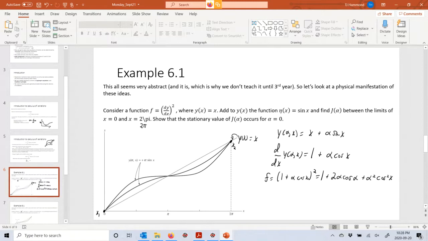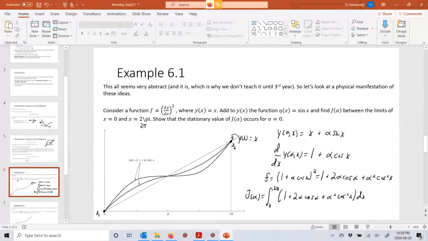So then our functional J of alpha is equal to the integral from 0 to 2 pi of 1 plus 2 alpha cos x plus alpha squared cos squared x dx.